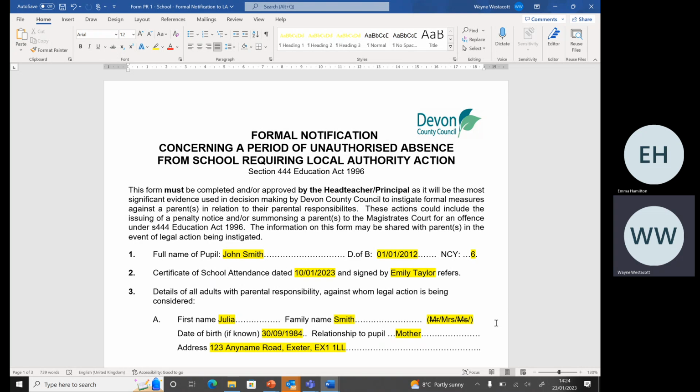Put them together. You will also need to get a registration certificate, and this needs to have the date, the evidence 2 weeks prior to the absence, the period of absence, and about 2 weeks after the child has returned, so it evidences the child has returned to school.